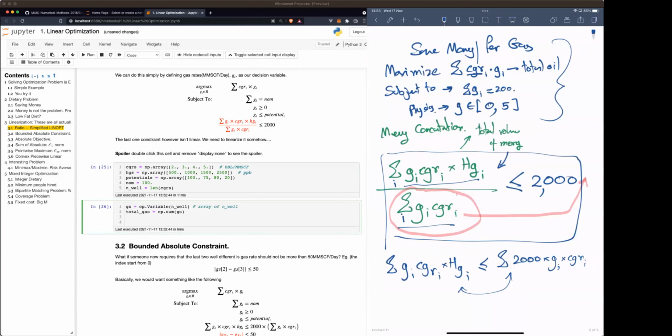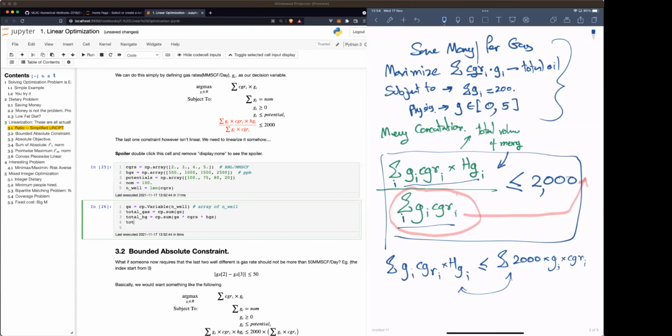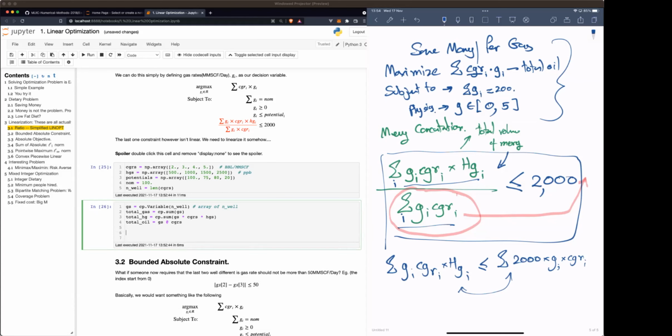Total H is going to be cp.sum of Gs multiplied element-wise by CTRS multiplied by STS, and then total oil is going to be Gs with CTRS.